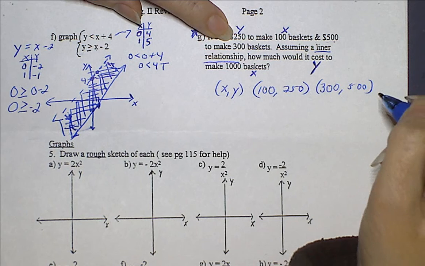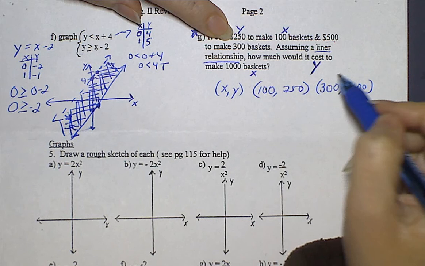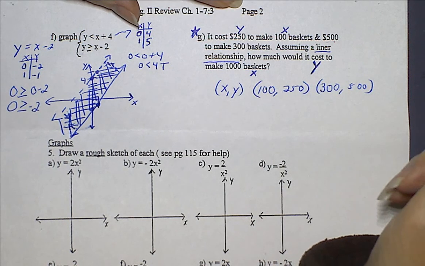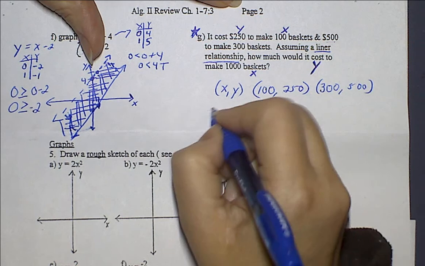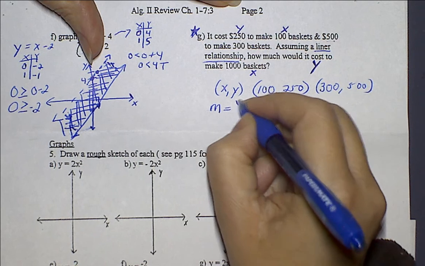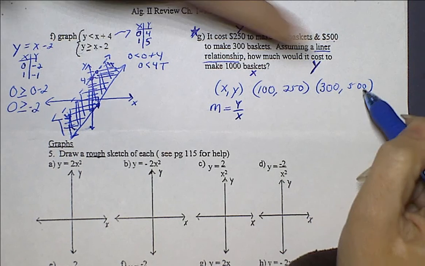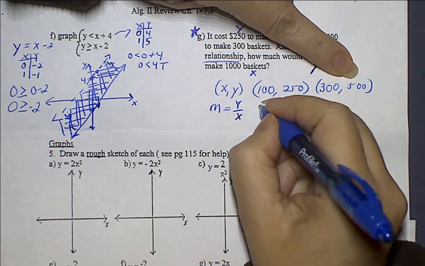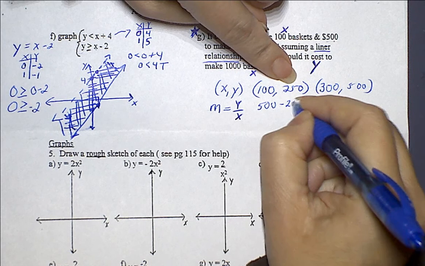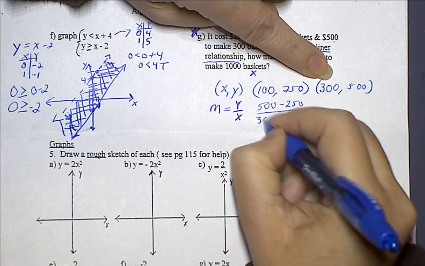So now we have 2 points. How can I get an equation if I have 2 points? What do I have to find first? My slope. Remember, your slope is always subtracting your y's over your x's, right? So I have 500 minus my 250 over x, so 300 minus my 100.